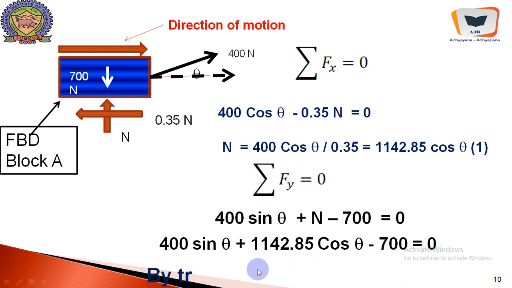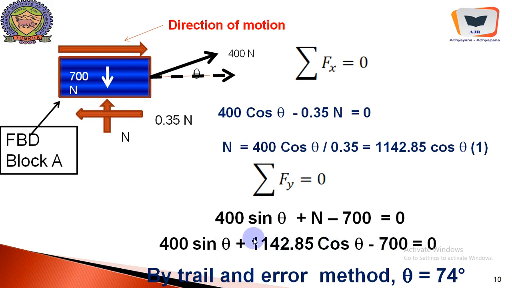That will give us, by trial and error, we should start applying values of theta, say from 10 degrees, and incrementally increase the value of theta so that we approach a value of 0. It so happens that if we substitute theta equal to 74 degrees, the equation will tend to become 0. So that is the angle of elevation. As far as the angle of elevation is concerned, it goes from 0 to 74 degrees, up to 74 degrees in the anti-clockwise direction.